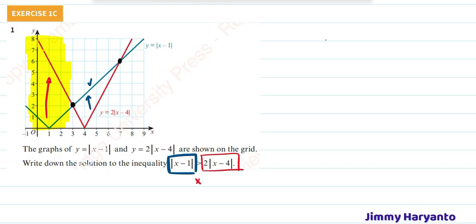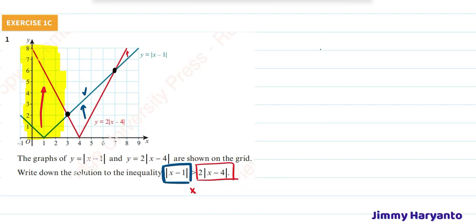That means this one is satisfied. But in the last region, as you can see, the red line is above the blue line.